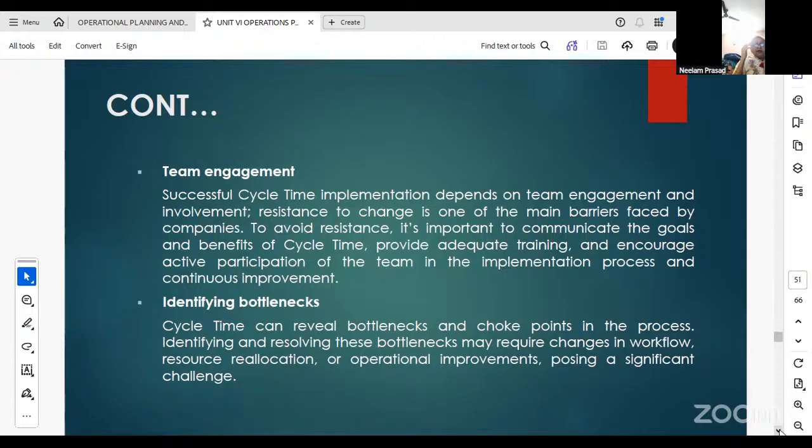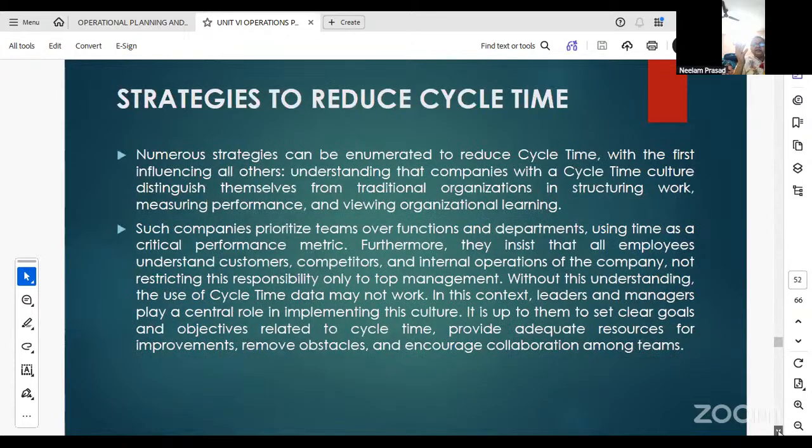Then naturally, if you keep on monitoring it, you will be easily identifying the bottlenecks or choke points, and then taking the rectifying measures so that these things are eliminated and taken care of. Whatever rectifying measures have to be taken immediately.